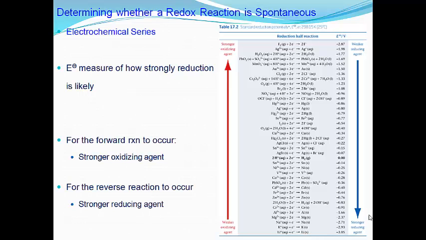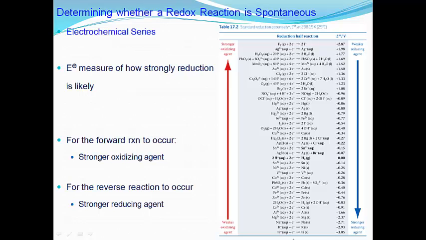That is to say, lithium is likely to become oxidized to lithium plus. And so we say that the reverse reaction is the one that is likely to occur, and the species on the right is a strong reducing agent, because based on the negative value of the reduction potential, the reduction process is not likely to occur.